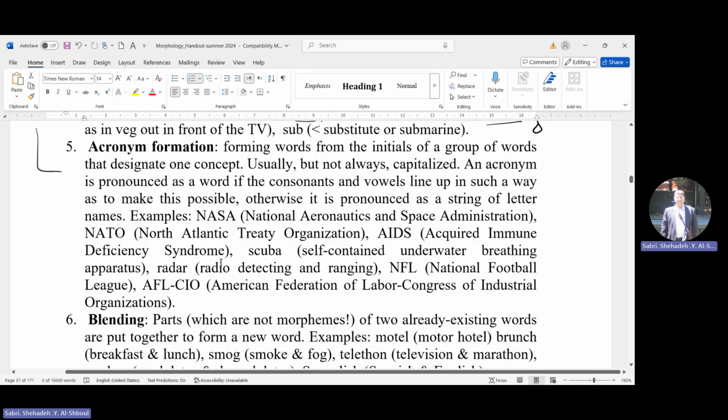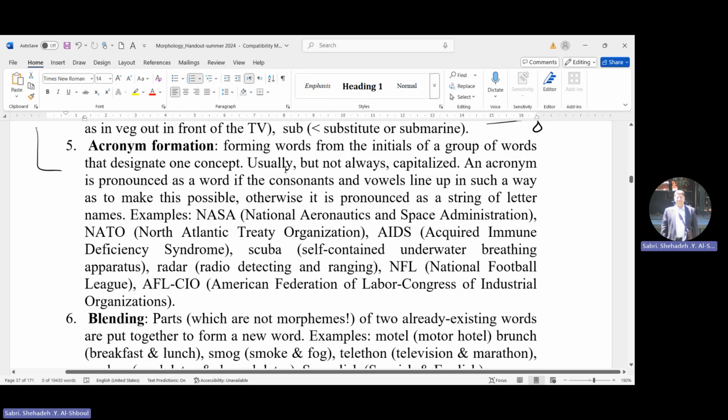For ease of articulation, these initials are collected together and we use them to refer to these entities. Sometimes they are capitalized, sometimes they are not, and also sometimes these initials are produced as one word if the phonotactics of the language allows for this.